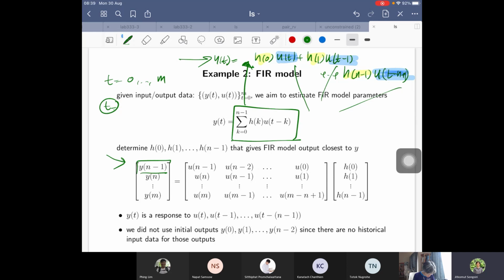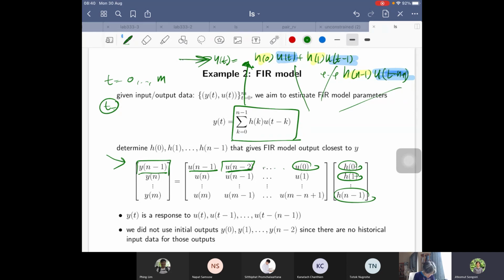So you're going to start at yn minus 1, and then yn minus 1 is going to be un minus 1 times h0 plus un minus 2 times h1, dot dot dot, plus u0 times h of n minus 1.